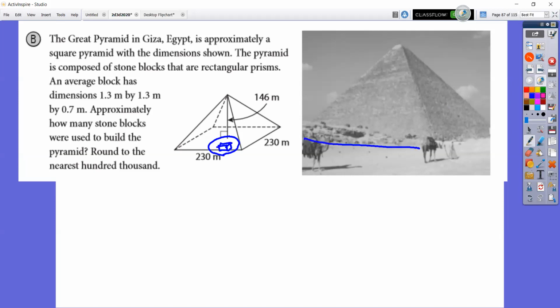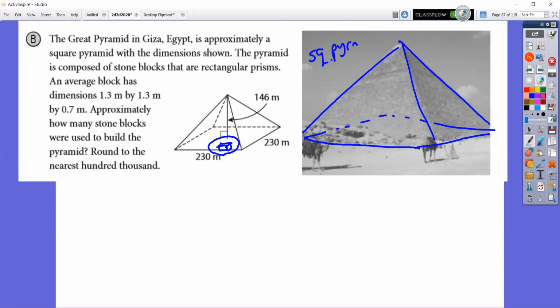So the volume of the pyramid, sketched badly, I know. Okay, so the volume of the pyramid, it is a square base. So it is a square pyramid. The volume formula is 1/3 times base area times height. The base is shaped like a square, and the dimensions of that bottom of the pyramid are 230 by 230.